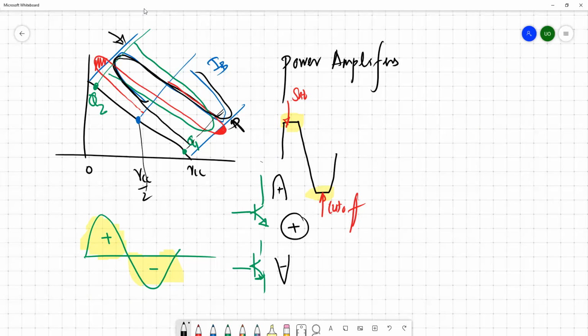One arm is focusing on the positive cycle, the other arm is focusing on the negative cycle. Once you get these amplified signals at the output of these two transistors, we can combine these two signals and get a heavily amplified output. So this is the concept in power amplifiers.